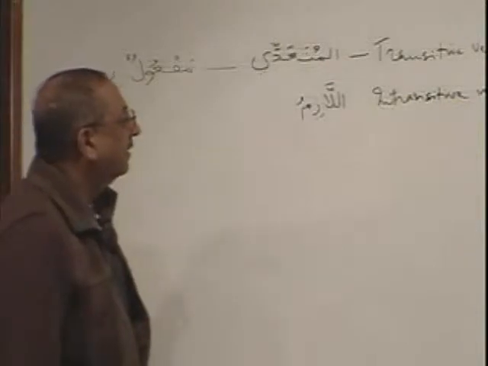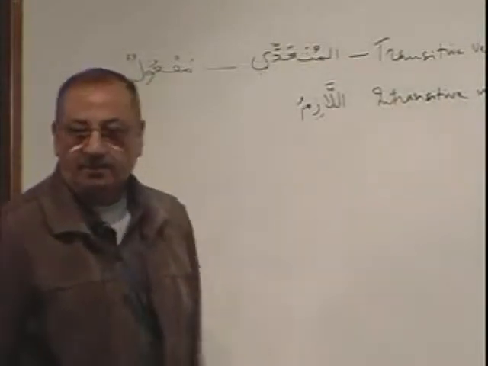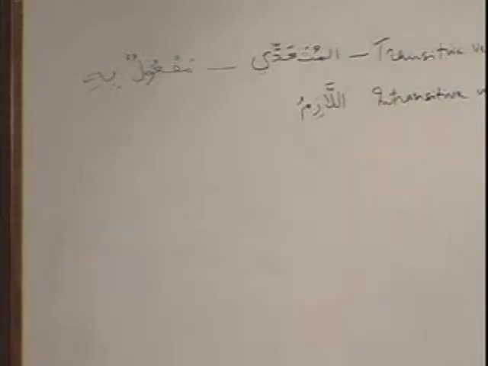Okay? Now, in an intransitive verb, there is a fi'l and there is a fa'il, and they give us complete sense. There is no need for an object. It means fi'l and fa'il are happy together. There is no need for anybody else to come in their lives.